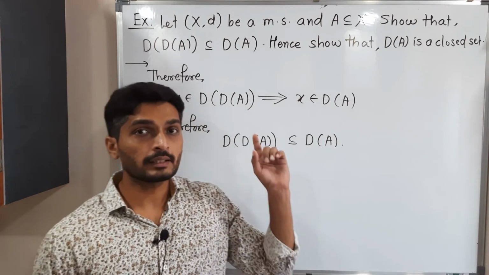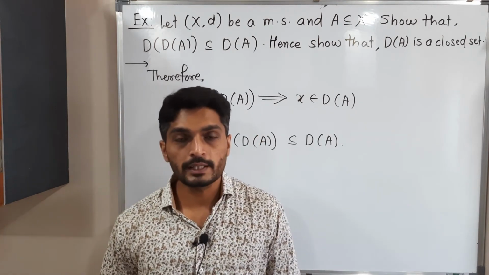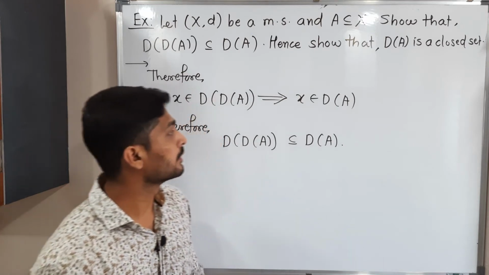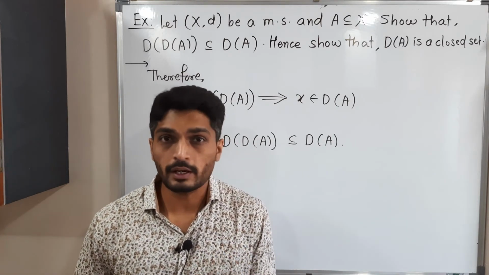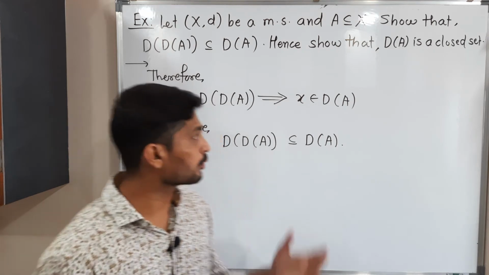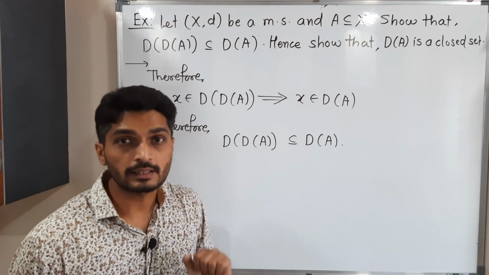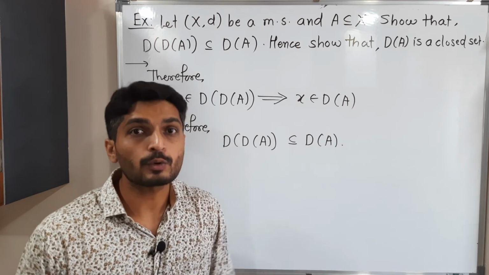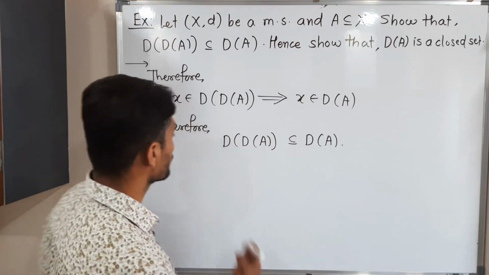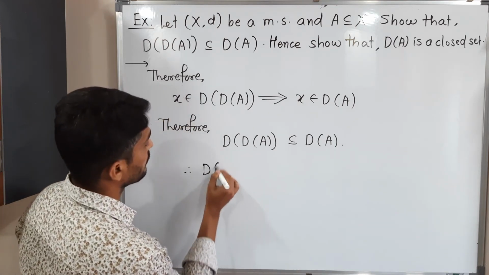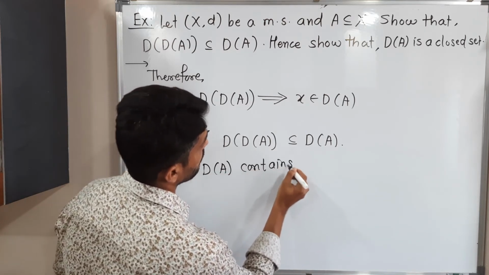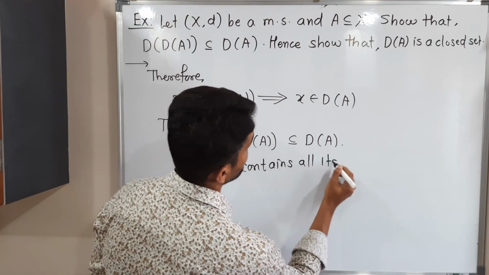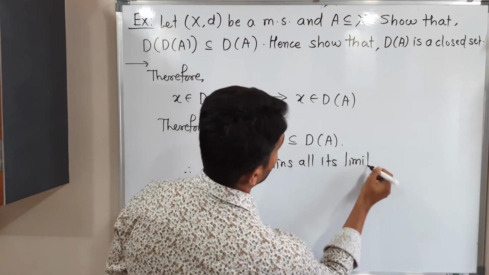So we had taken x from D of A and we proved it is in D of A. Therefore, D of A is a subset of D of A. D means what? Derived set, set of limit points. So using this, we can say D of A contains all its limit points.